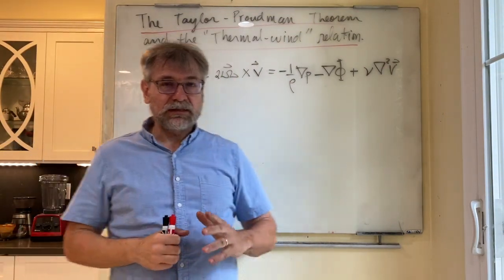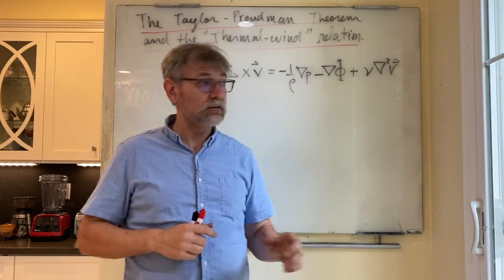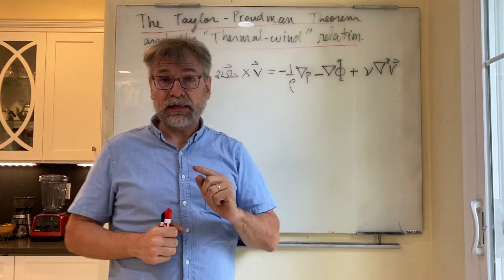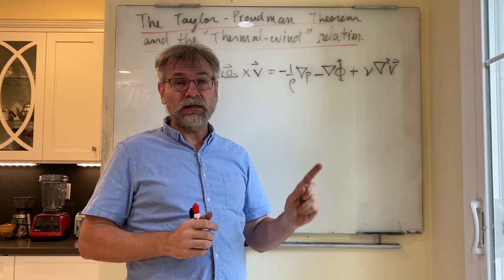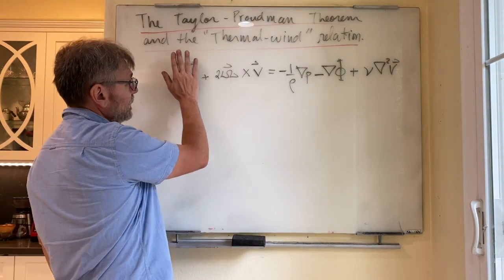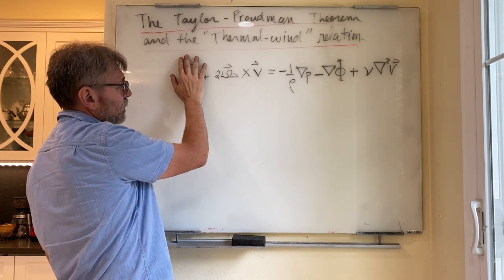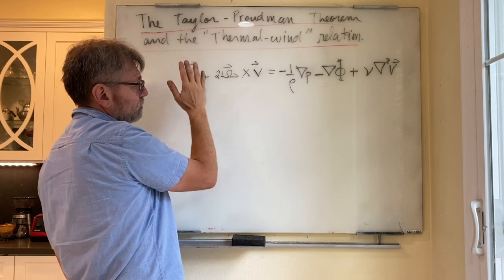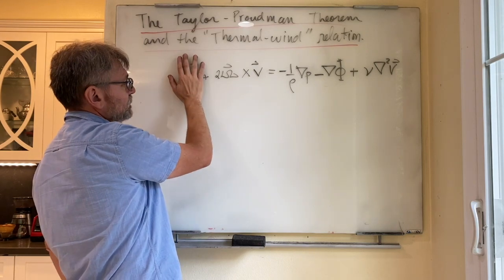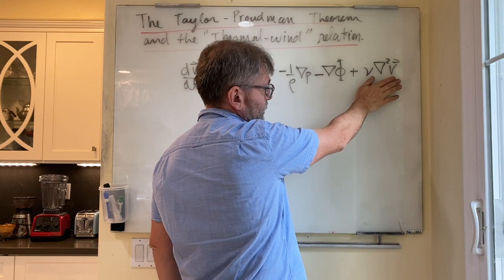And the limit we're going to think about is a limit where the fluid is spinning very quickly, so omega is very big, and the velocity is relatively small, so that this acceleration term is small compared to the Coriolis force. So we're going to assume that this term is small. We're going to think about cases in which this term is small compared to this one, and also the viscous stresses are small also.